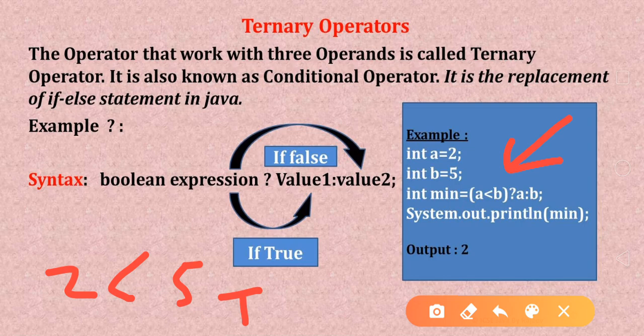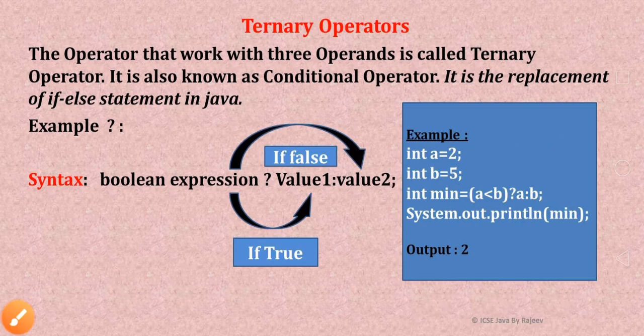If it is true, which value will be stored in the resultant variable? First value is what? A. So a will be stored in min. A is what? 2. So what will be stored internally under min variable? 2. So system.out.println of min. So what will be the output? 2. So with this example, output will be 2.